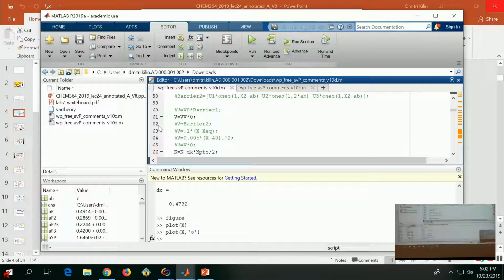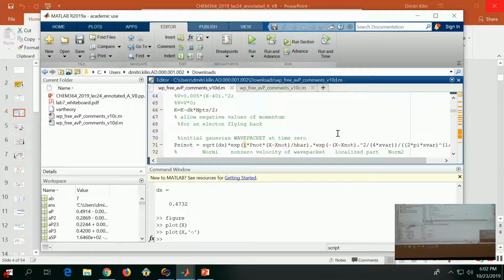Here in this code, the variable v is used for potential, and I multiply whatever was defined by 0 just to remove it, but later on we will play with potential.